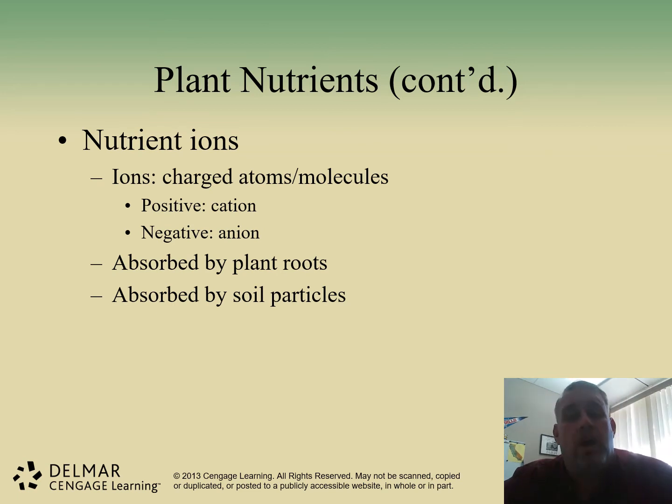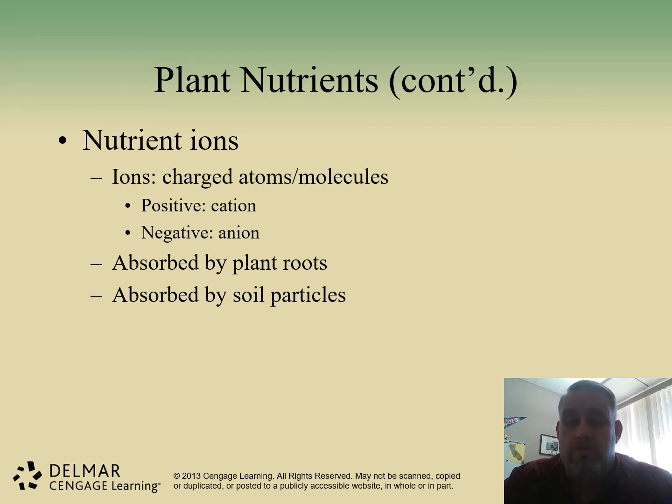As we continue to talk about plant nutrients, there are nutrient ions, and an ion is basically a charged atom or molecule, and a positive ion is called a cation. A negative ion is called an anion. These are both absorbed by plants through the roots, and they can also be absorbed or attached onto soil particles.